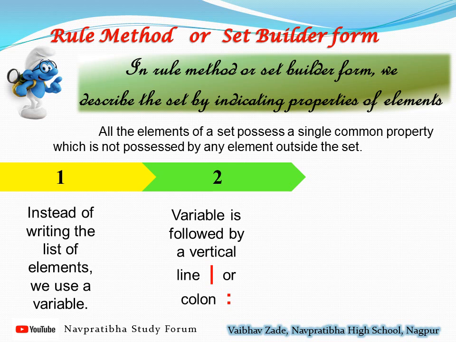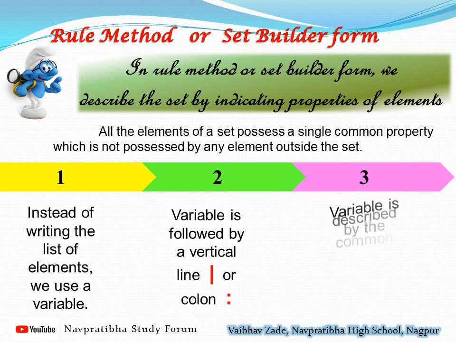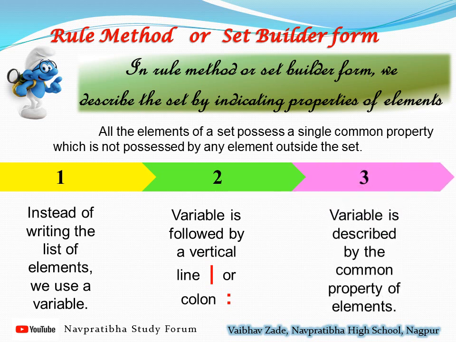When we write the set, after the variable we use a colon or a vertical line. Point 3, the variable is described by the common property of the elements. Then we have to write the complete property of those elements. So in our example we see this. How can we write the set?